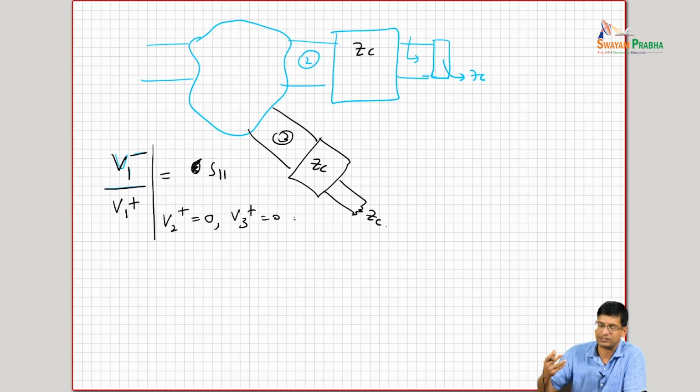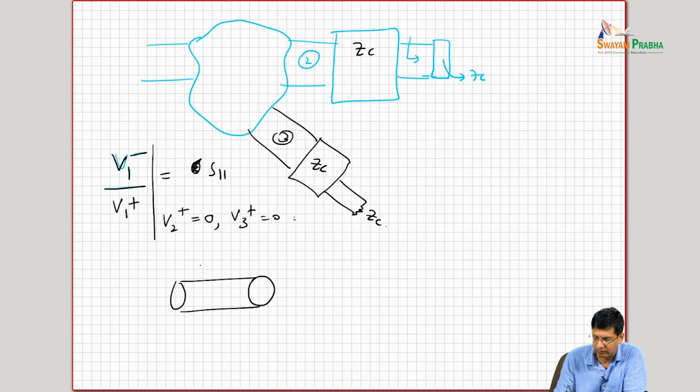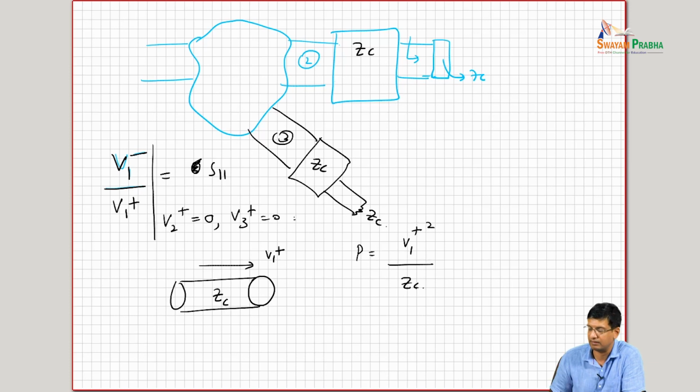a view of S parameters as power, because when I'm thinking about, for example, a forward wave going, which is V1 plus, right, which has a magnitude V1 plus, and I'm defining everything with a certain characteristic impedance, then the power is a function of V1 plus squared divided by Zc, right?